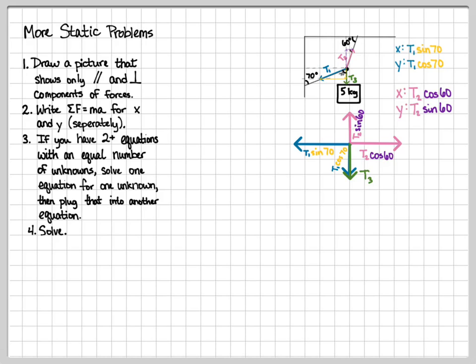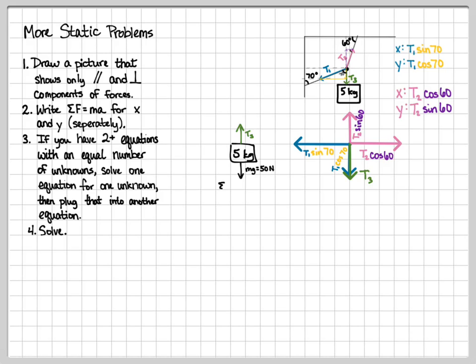So three unknowns and two equations isn't going to work. So let's draw a free body diagram just for the block. We can do that because the acceleration of everything in the system is 0, including that point and including this 5 kilogram mass. So the free body diagram for the mass has tension T3 pulling up and the block's weight pulling down at 50 newtons.